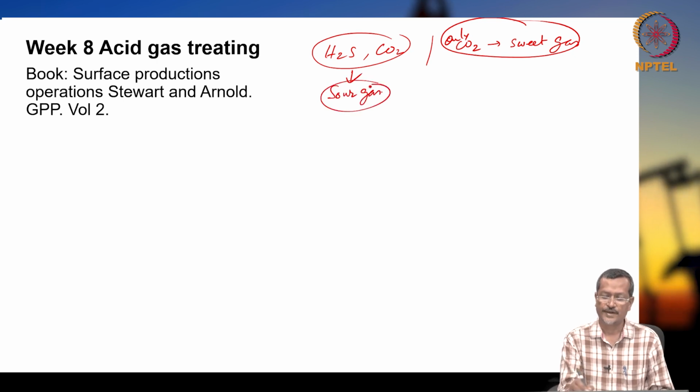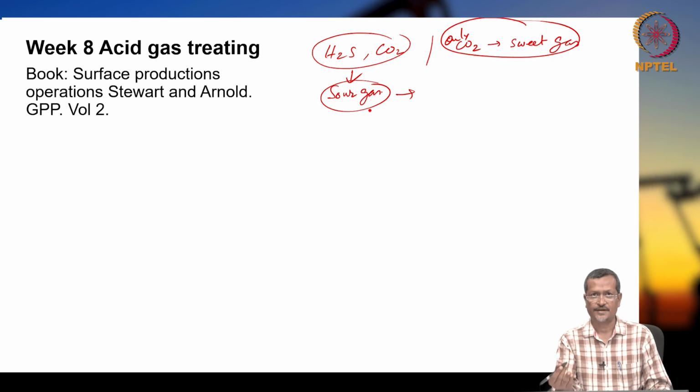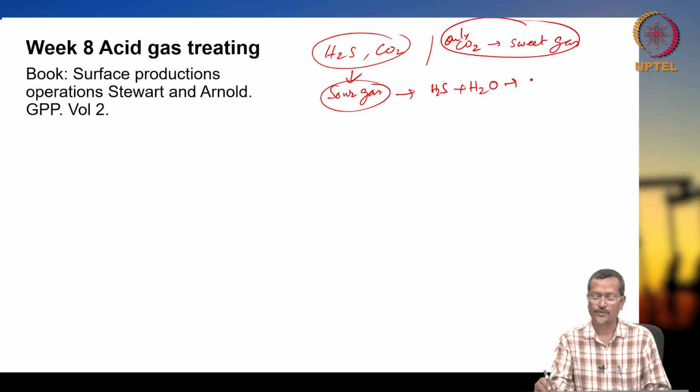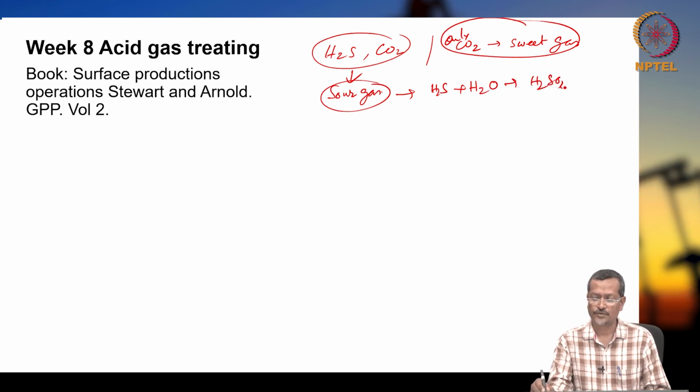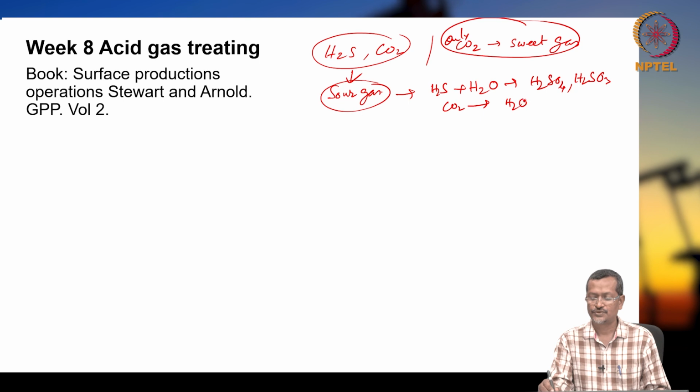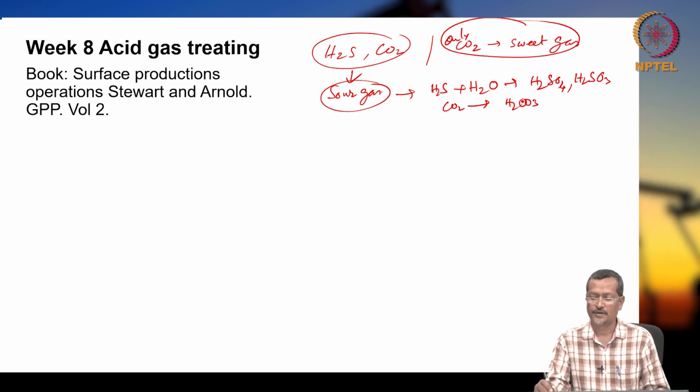But this is sour gas. Why sour gas? Sour means acid, right? H2S will react with water and create H2SO3. Similarly, carbon dioxide will produce H2CO3, or carbonic acid.